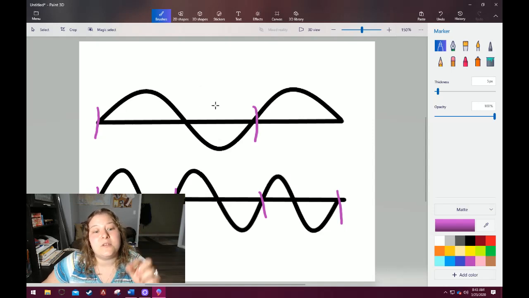And then frequency is how often that particular wave happens. So it's the same wave because it's got the same amplitude, but the frequency is more. It happened more times.